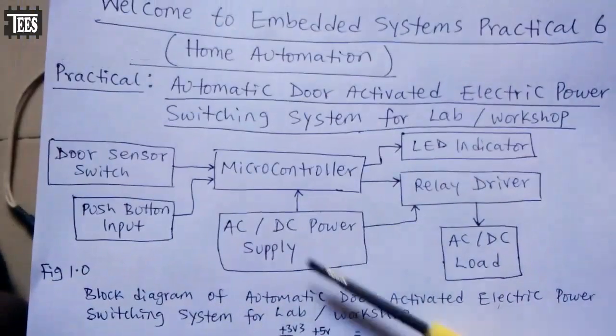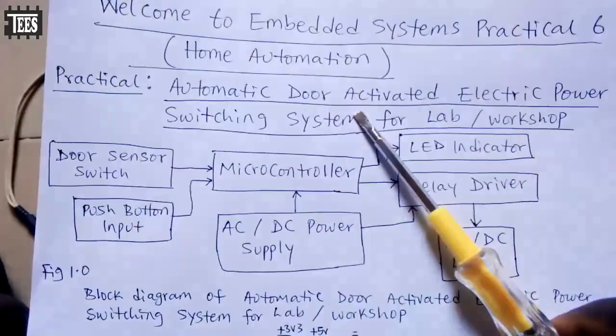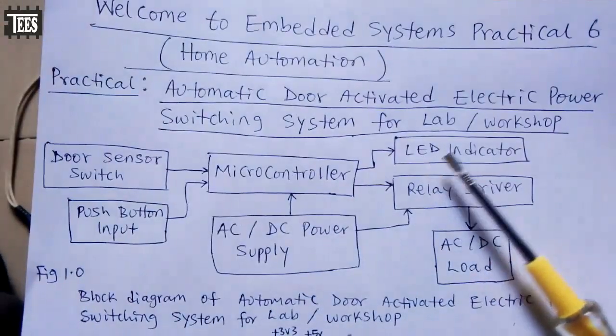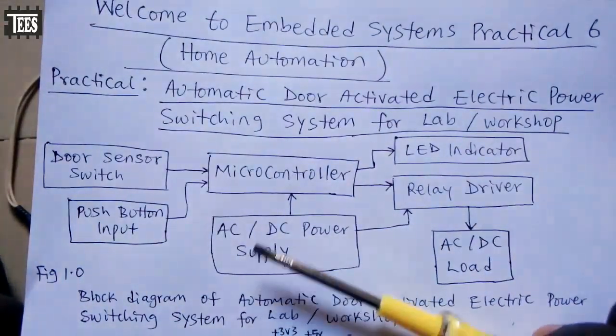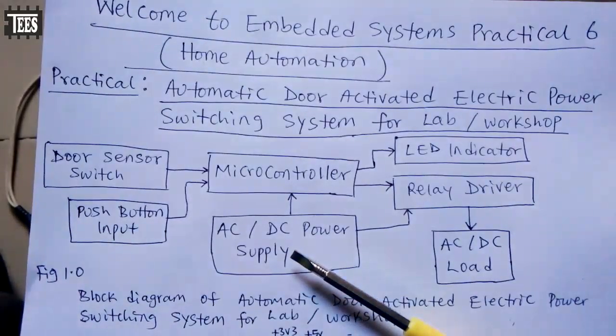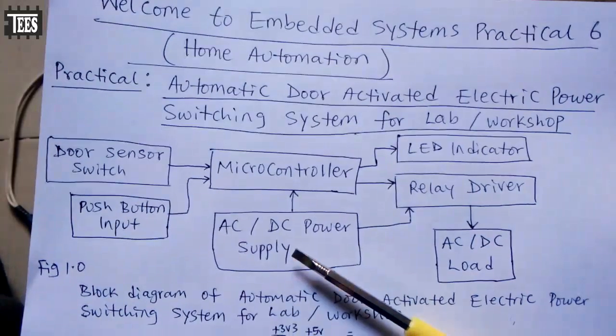So the automatic door activated electric power switching system for lab and workshop. Now what made me design this system? Just as I have mentioned before, there is a very big difference between academic knowledge and real life theoretical and practical knowledge.